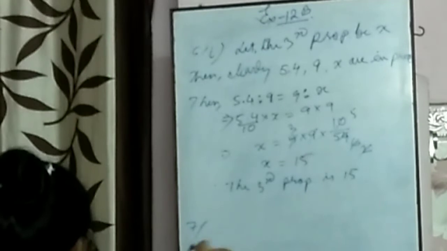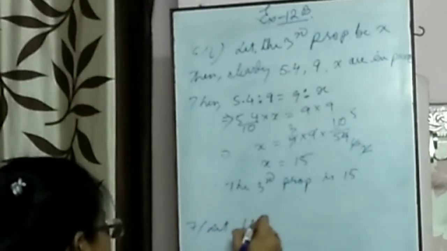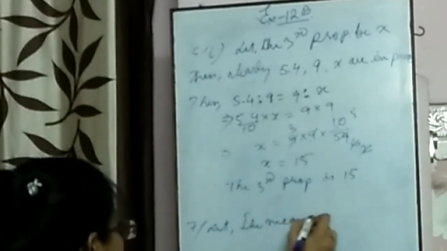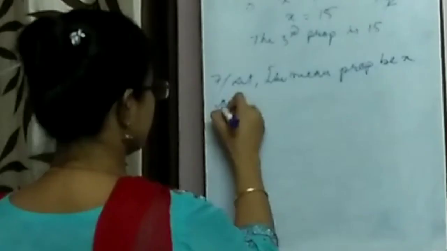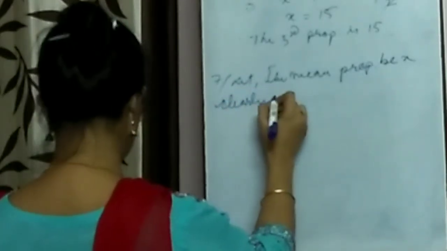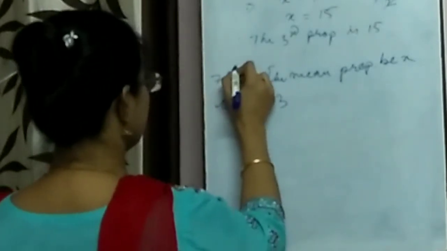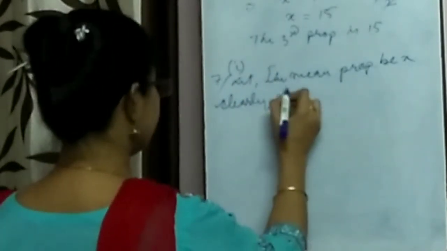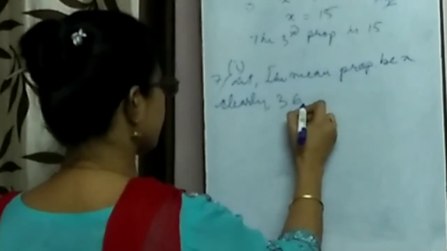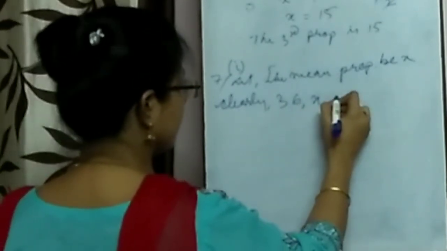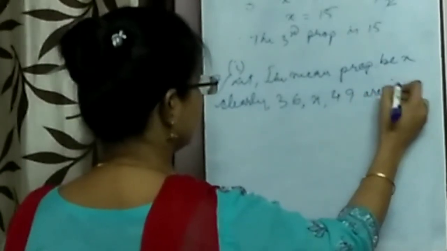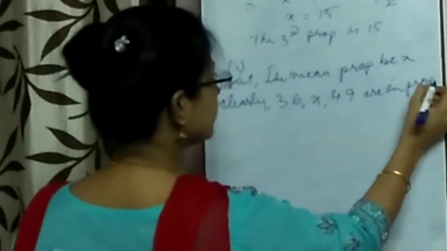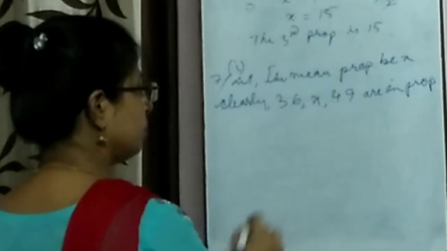Find the mean proportion. Let the mean proportion be x. Clearly, number 1 I am doing, clearly 36, x and 49 are in proportion. As it is a mean, it will be seated in the middle.